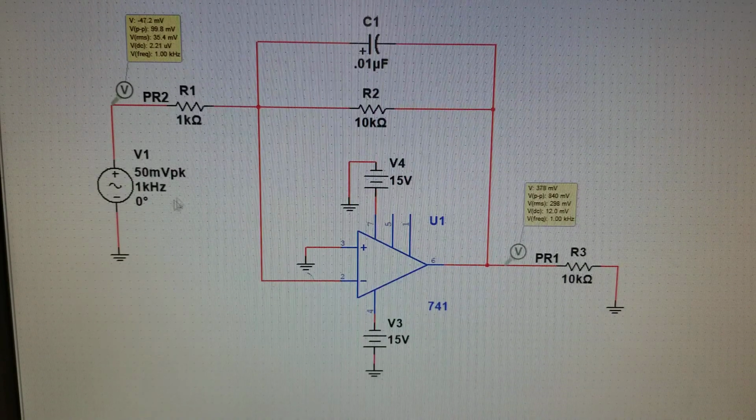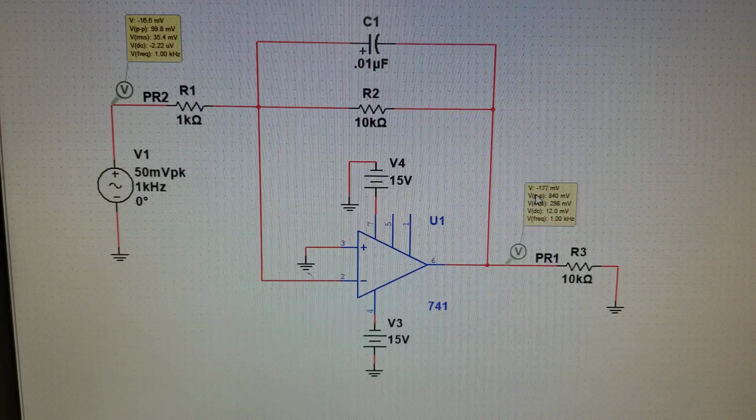So I've started the next row with 1 kilohertz. Our input voltage is at 99.8 millivolts, so that's about 100 millivolts. And our output voltage is down to 840 millivolts. So go ahead, fill out your voltage gain and your voltage gain in decibels.